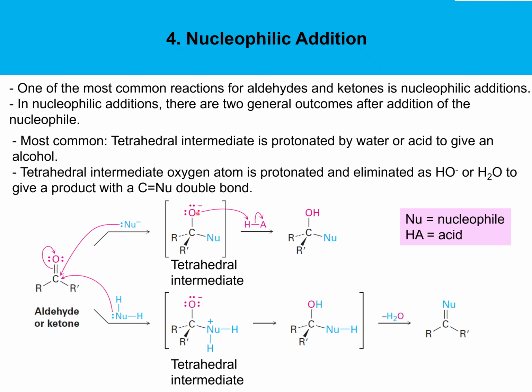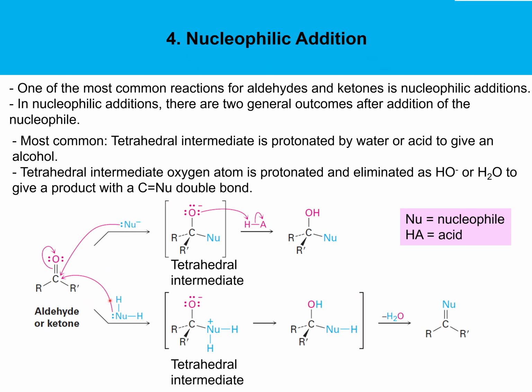The tetrahedral intermediate is then protonated by acid, usually in the second step of the reaction, and that will give us a product that typically has an alcohol and a nucleophile attached to the same carbon, the carbon that used to be part of the aldehyde or the ketone.